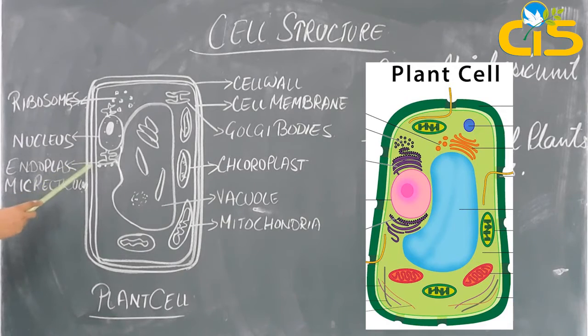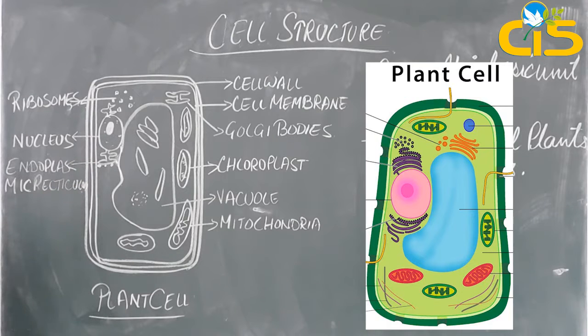Then we have the endoplasmic reticulum, also found in the cytoplasm. And the main part is the nucleus of the cell. The nucleus is also called the brain of the cell. It is the most important structure of the cell and it provides life to the cell.